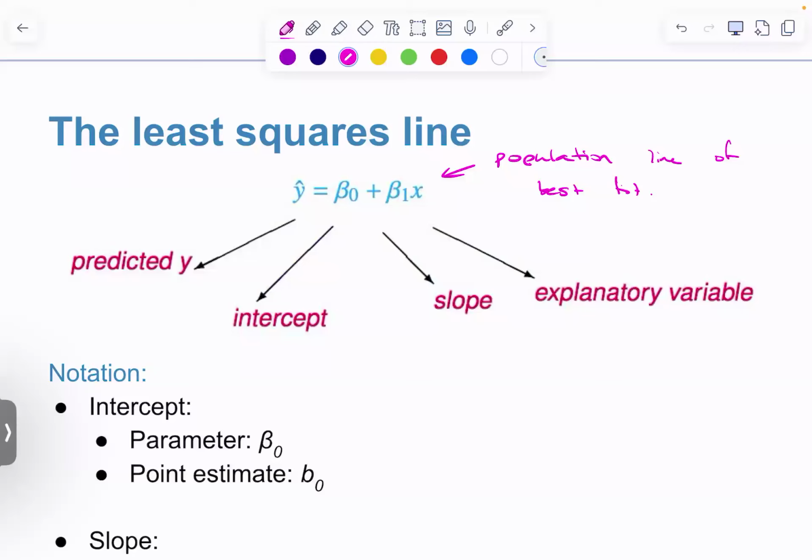So what we are going to do is the same. We're going to take a sample and fit a line to it, but we understand that if I took a brand new sample, I would get a slightly different line of best fit. And the population line of best fit that I'm trying to get at, that I will never get to, but I'm trying to estimate, is this beta naught plus beta 1x.